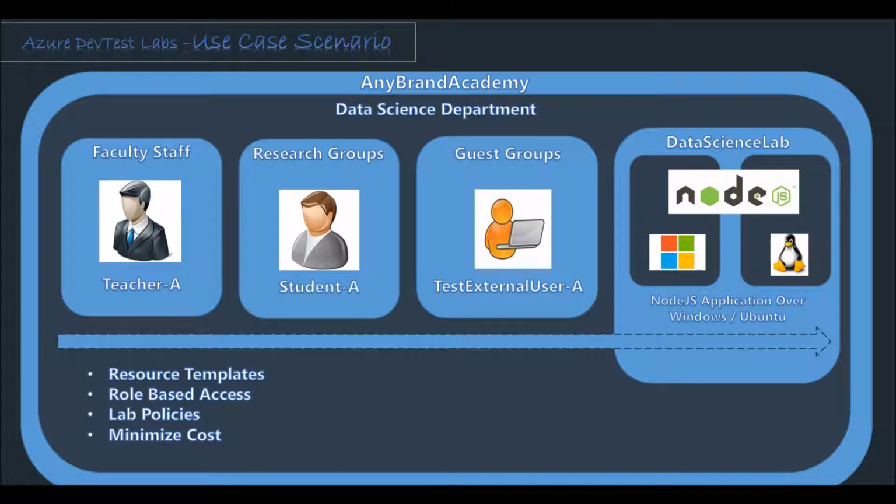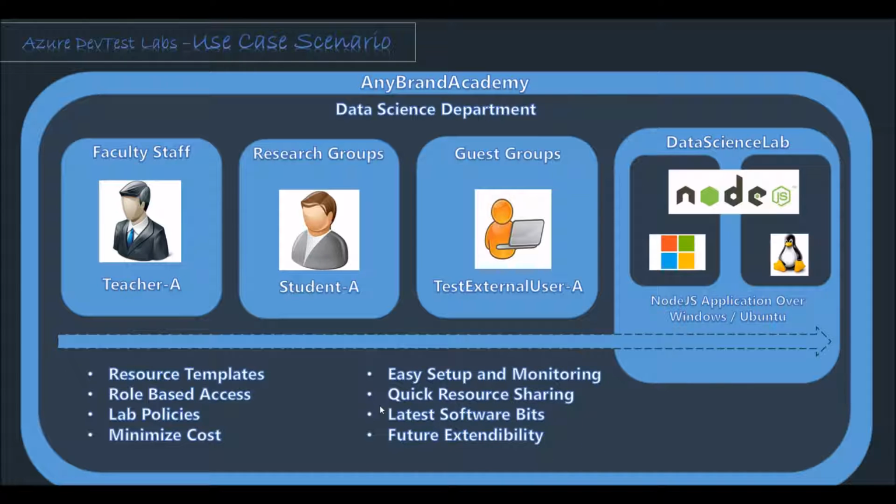They have to have some policies around those labs, because the only way they can minimize the cost and control the role-based access is if they have a place to define those policies, and somehow the platform in the backend should work on those policies to help them. Some other objectives they are looking for is the lab should be very easy to set up and monitor.